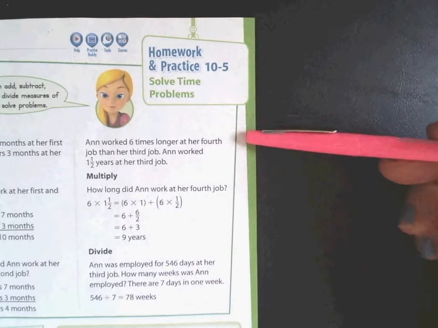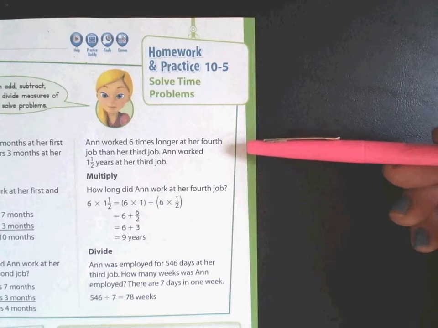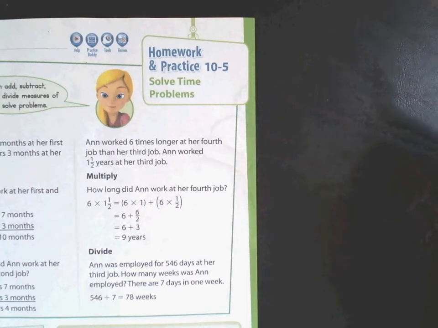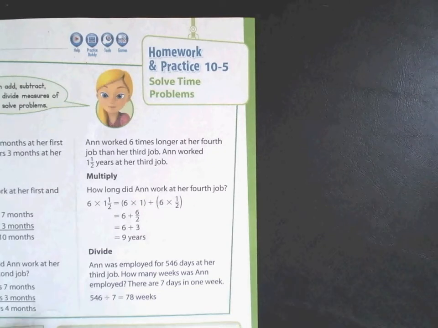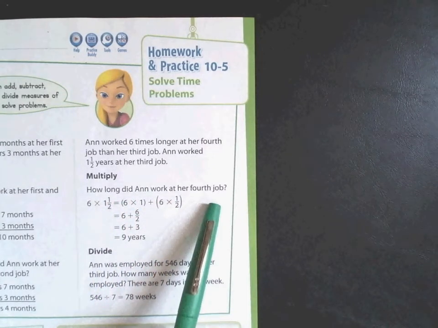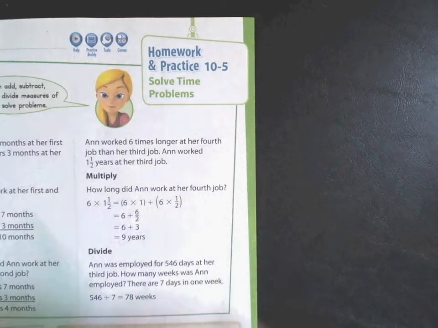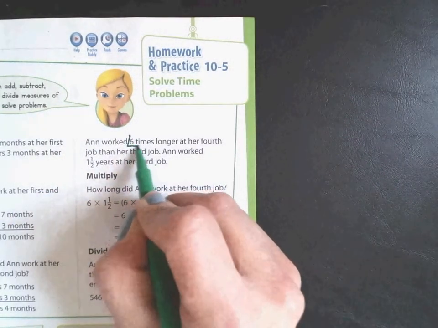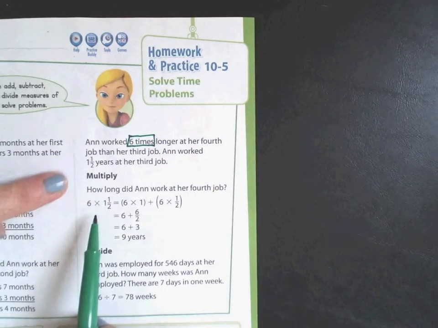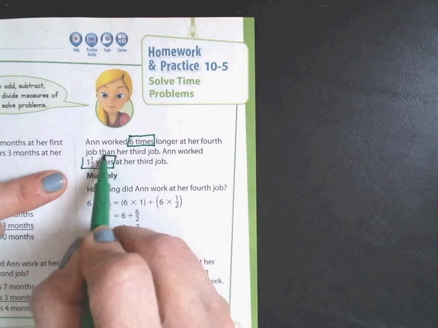Anne worked 6 times longer at her fourth job than her third job. Anne worked 1.5 years at her third job. So the question, how long did Anne work at her fourth job, you would need to multiply. Up here it tells us that she worked 6 times longer, so you would take 6 times the 1.5 years.